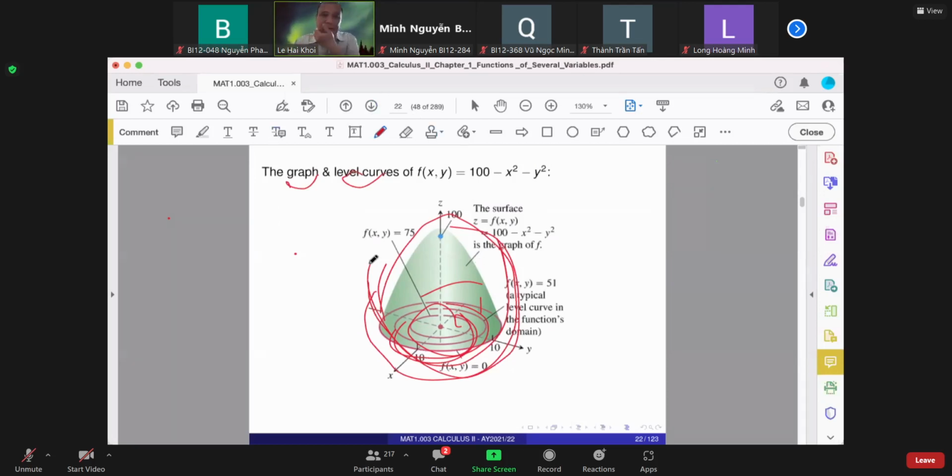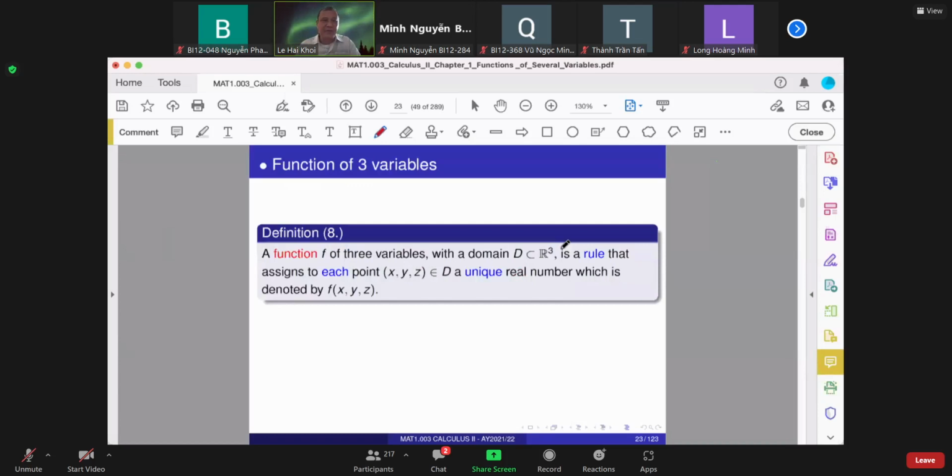Thus, we finish the function of two variables, and now we do almost the same for the function of three variables. Again, in this case, you have a domain in R3, and exactly the same as a function of one variable or two variables, a function of three variables is a rule that to each point in D assigns a unique real number, denoted by f(x, y, z).